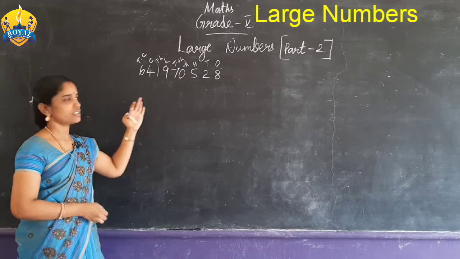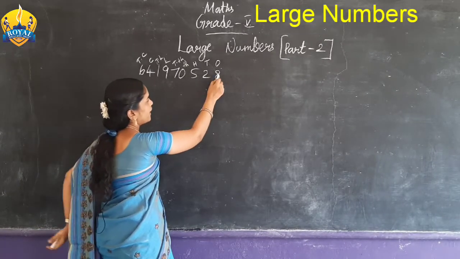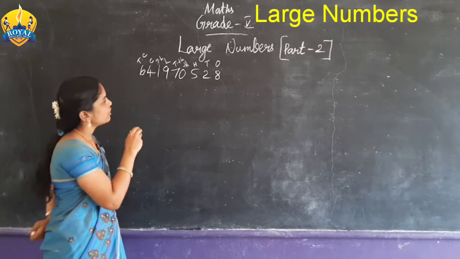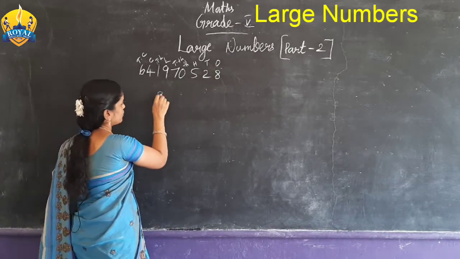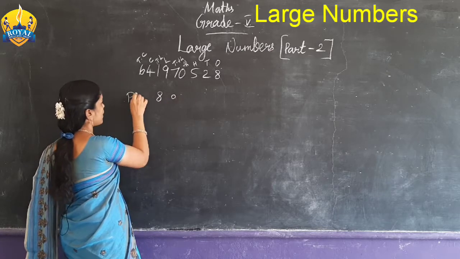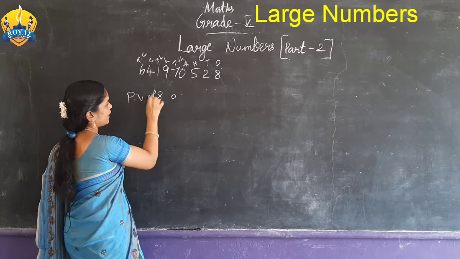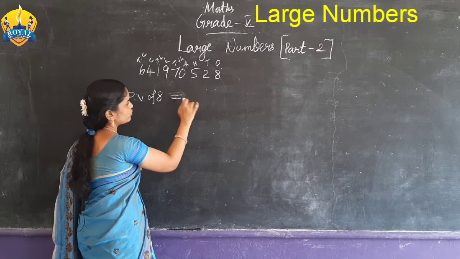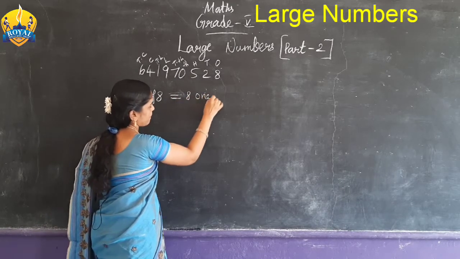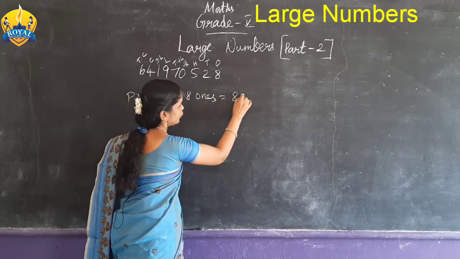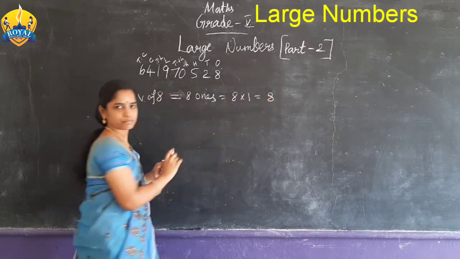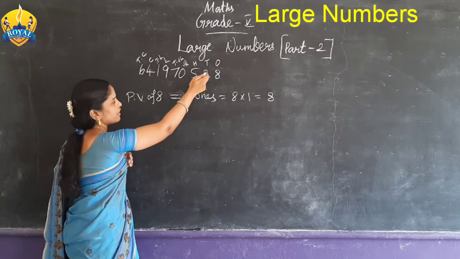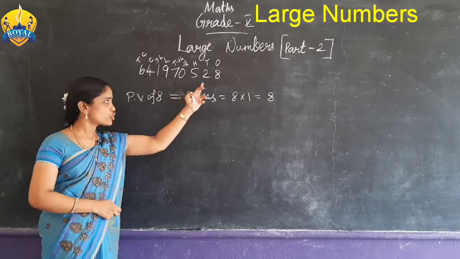There is the question. Here 8 is in the ones place. So the place value of 8 is 8 ones, which is 8 into 1, that is 8. The next one, number 2.